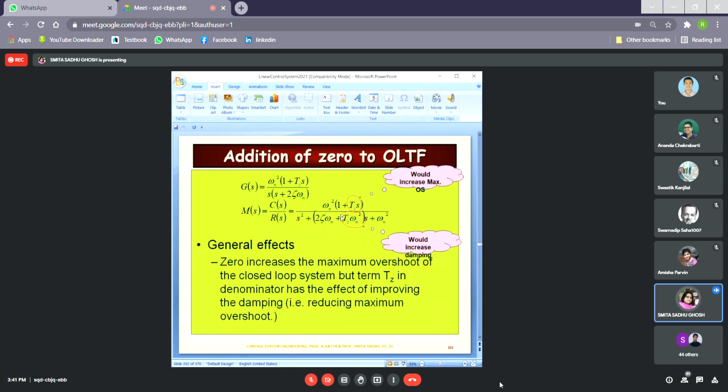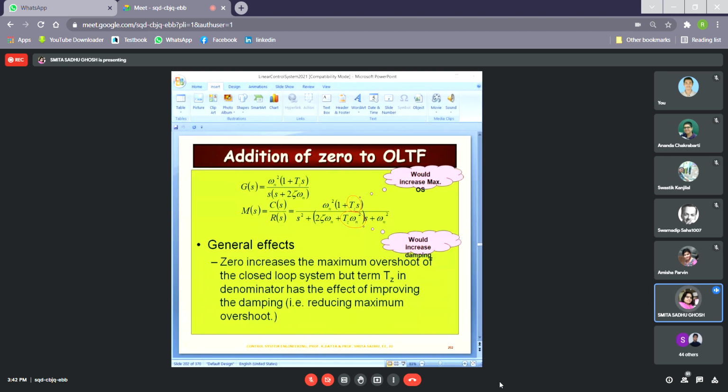On the other hand, we also see another thing in this particular transfer function: in the numerator there is an added term, that is, an additional 0 has come in. Just previous to this we studied that adding a 0 to the closed loop transfer function would increase the maximum overshoot.